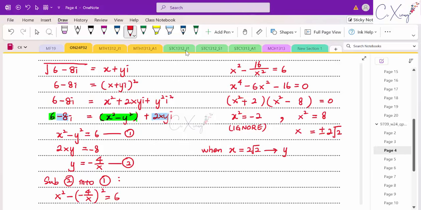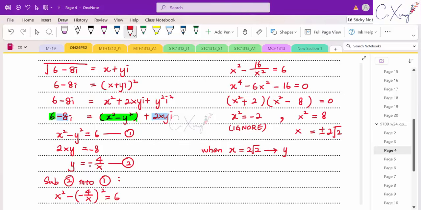You can substitute back into the first or second equation, but I strongly suggest you substitute into the second equation, because it is more direct. If you substitute into something with a square again, later when you take the square root you will have two answers again, and you have to double check which answer is correct. To be more straightforward, always consider the linear equation, or the equation with power 1. This one is not linear, but at least everything is with power 1 in x and y. So I substitute into the second equation.